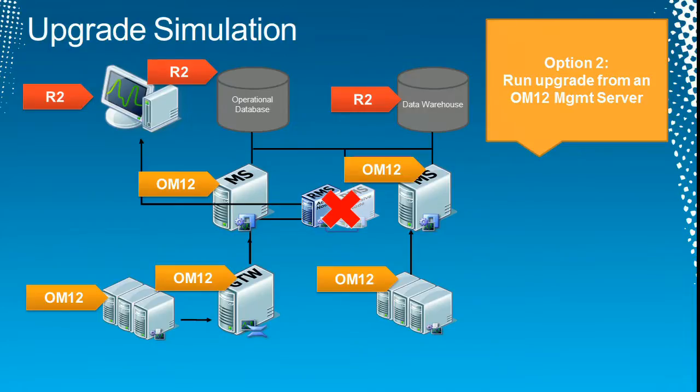Even if it's not clustered, say it was just a 32-bit one and you just didn't feel like removing it from your environment, same rules basically apply. You go to that secondary management server and run the rolling upgrade. We're again going to upgrade your database, we'll upgrade your data warehouse for you, and the R2 console will stop functioning. But the important thing to note here is that we're going to groom out your root management server.